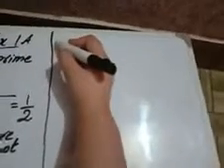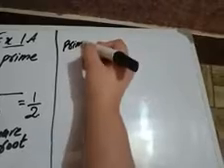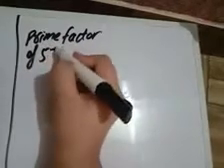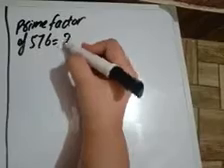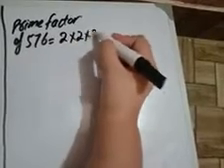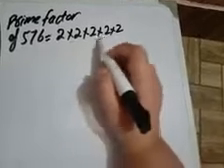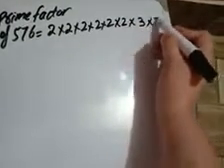Now write the prime factors of 576. 2 is repeated 6 times, so write 2 six times, and 3 is repeated 2 times.